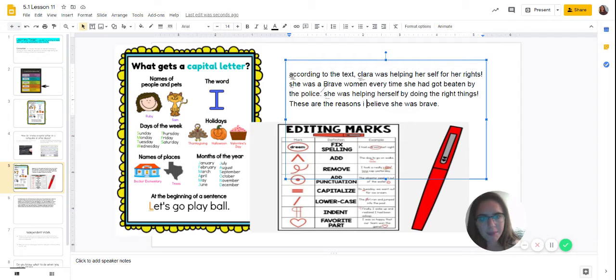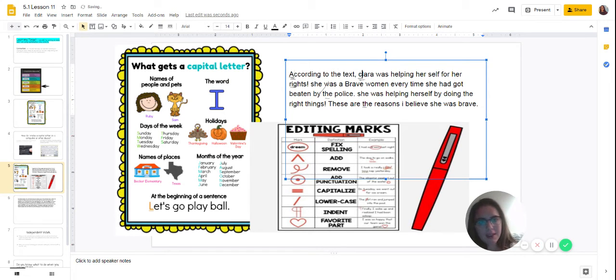I need to make that capital. Okay, boys and girls, so this is how I edit my work. I know that I need to go back, and if I do this for a friend, my friend is going to know what they need to do, or it just reminds me, okay, I checked my work, now I can go back and fix everything that I found.